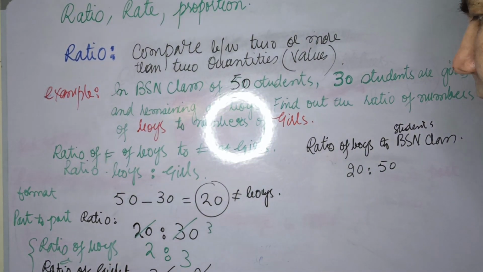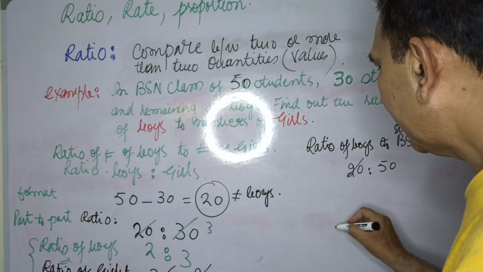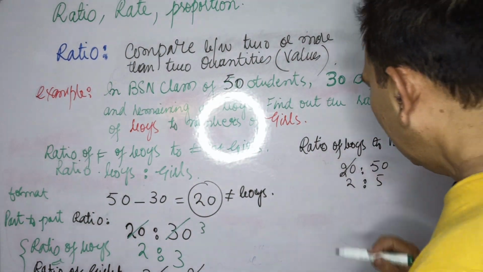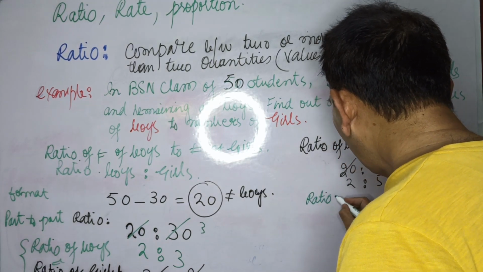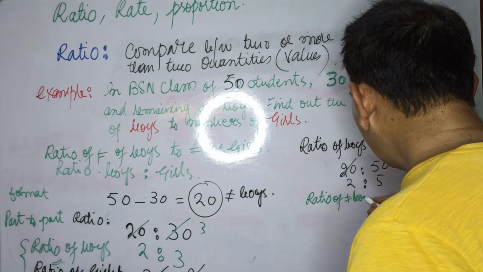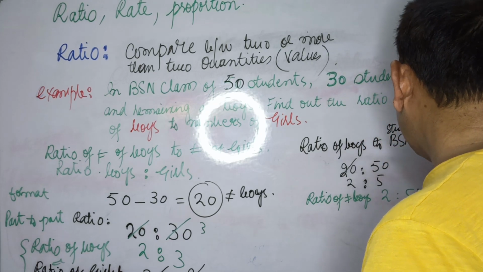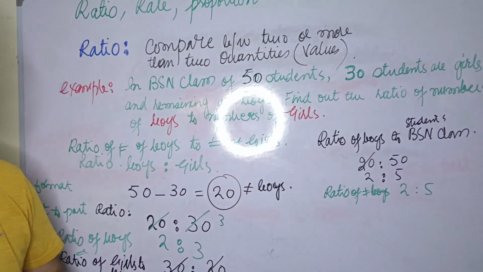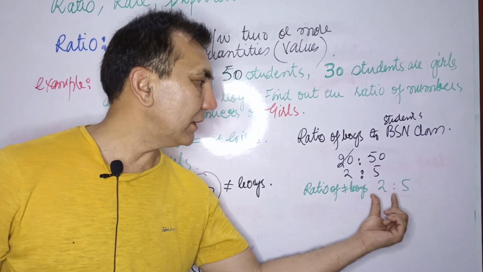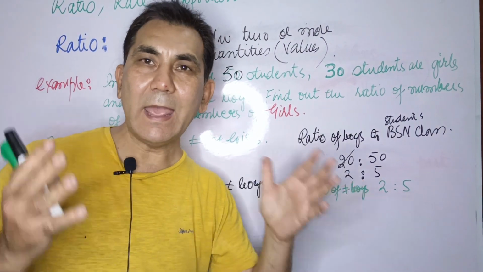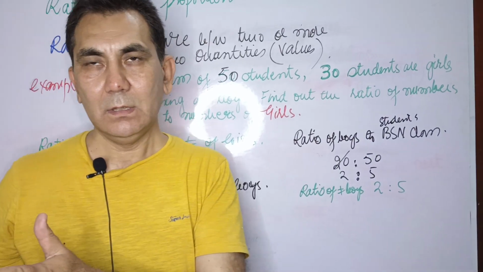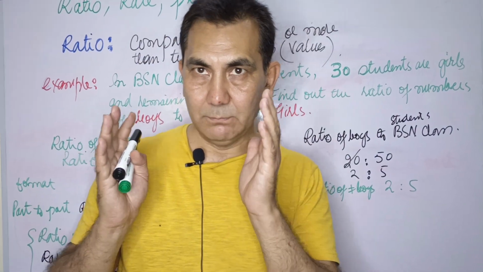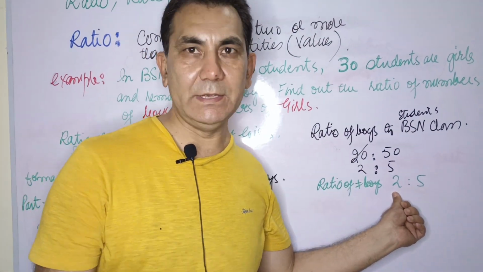Then again we divide by the larger equal number, and it is 2 to 5. So the ratio of the number of boys to the BSN class is 2 to 5. It means for every 5 students of the BSN, 2 are boys.